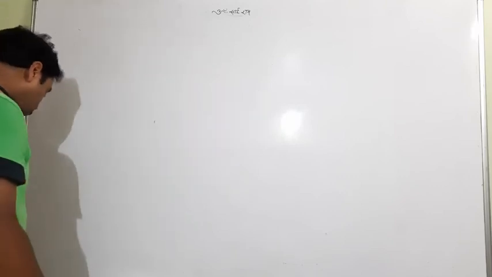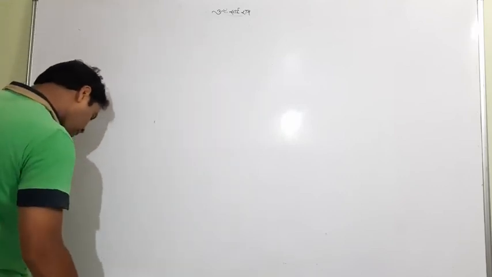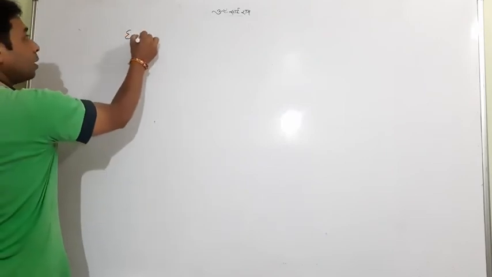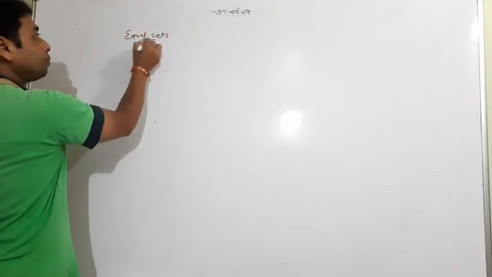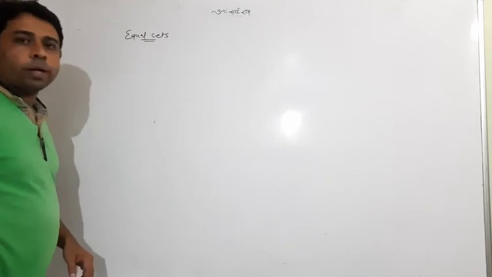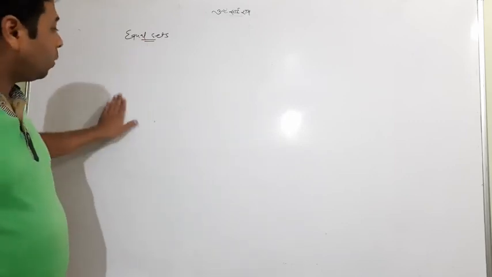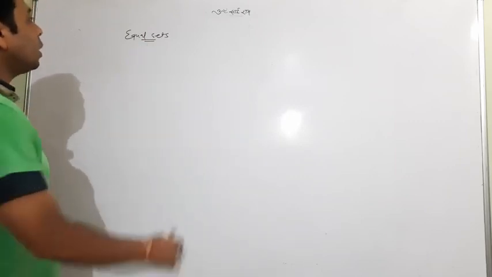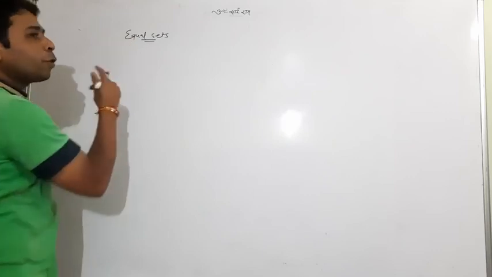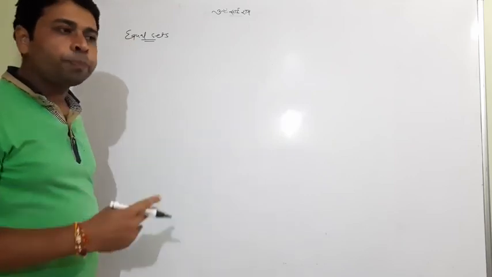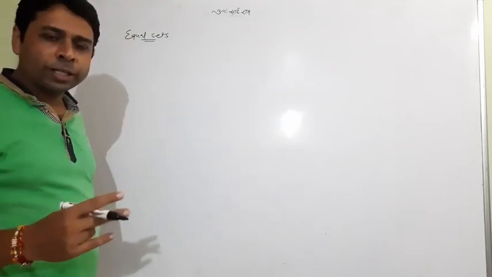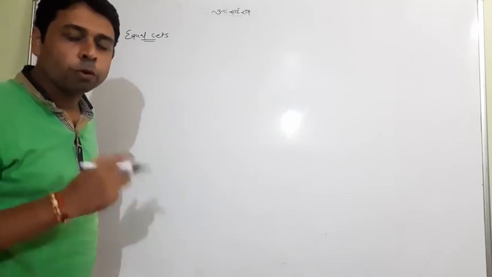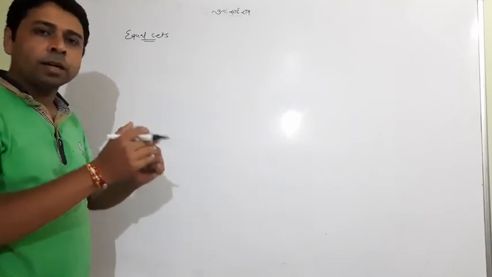Okay, we have equal sets, very simple. Now I ask you, what is an equal set? Let us talk about two sets in roster form, because roster form makes the condition clear.